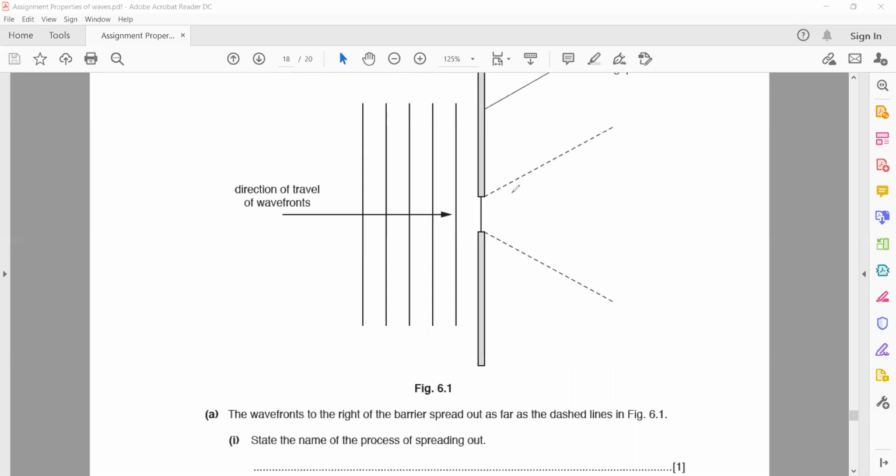Only when you're representing a small diffraction, draw vertical lines or parallel lines, because it's not necessary that it will always be vertical. It can be according to the question. So draw the vertical lines equally spaced according to the wavelength given in the question. And just make the curve or bend near the ends.